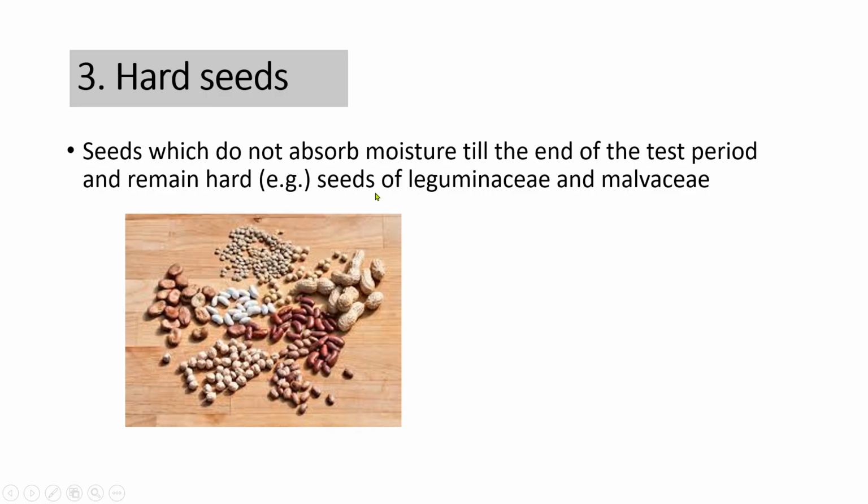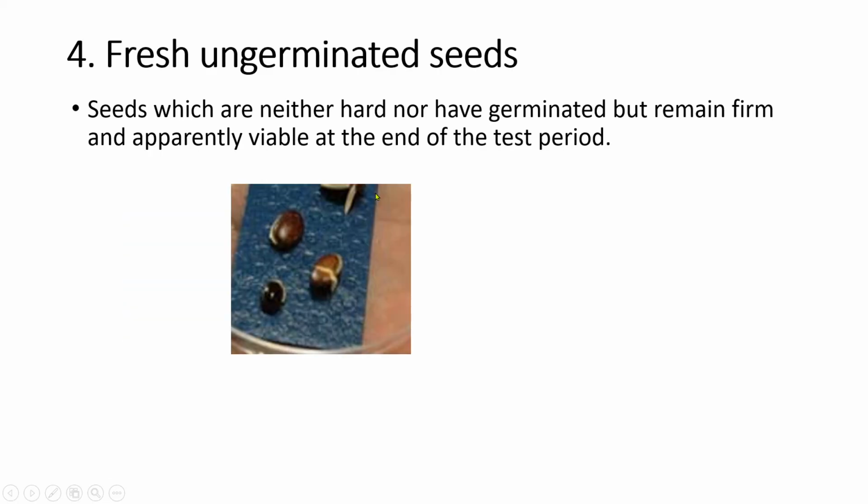An example of this again is legume seeds. And next is fresh ungerminated seeds, seeds which usually look fresh but lack viability and vigor.